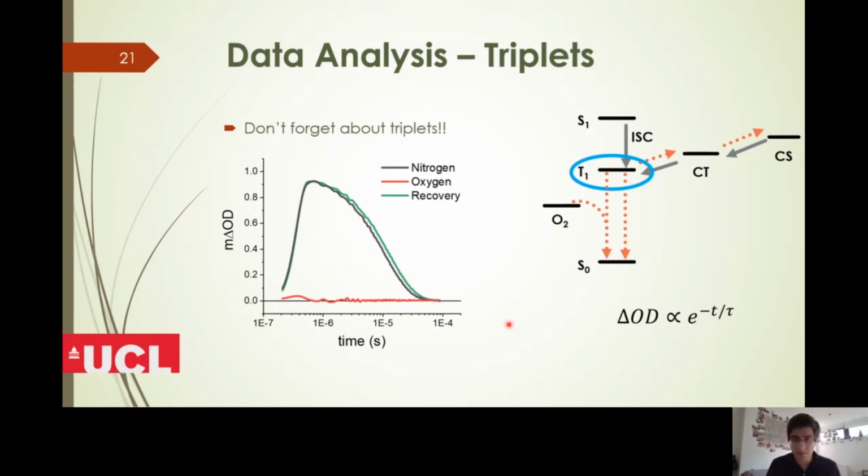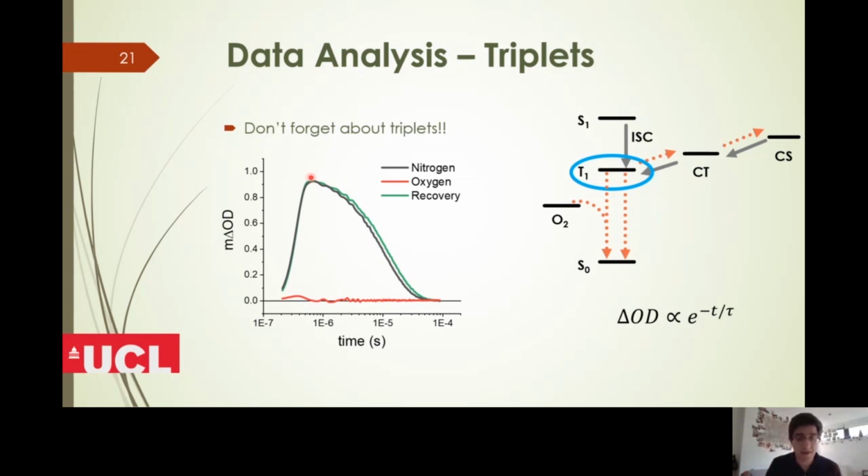Another interesting thing about triplets is that in microsecond TAS, you are going to be able to do the oxygen quenching experiment. What is the experiment? The triplet can react with the oxygen atmosphere in order to quench these triplets.